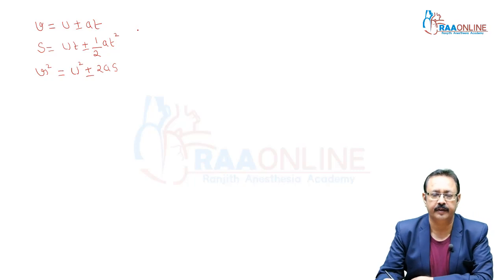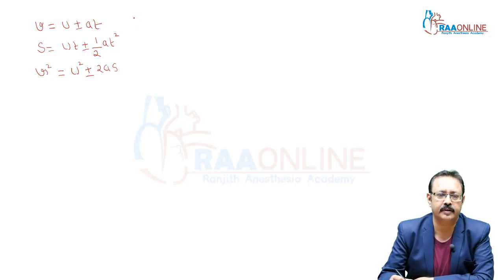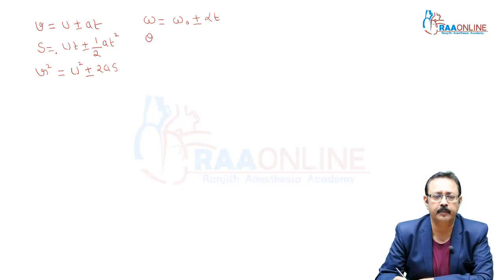What we will do here, in place of V, we will denote angular velocity by two terms, omega naught initial and omega final. So we will write omega is equals to omega naught plus minus alpha t, where the analog is time only. In place of linear displacement, angular displacement should be there.